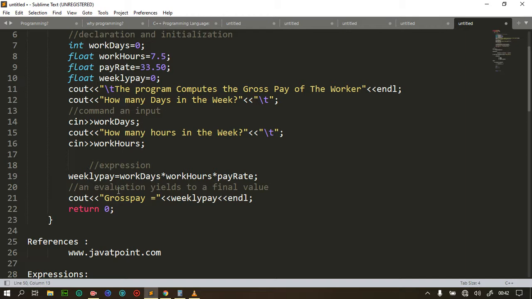Work days, work hours, and pay rate are known as operands. The multiplication and the equal sign are called operators.